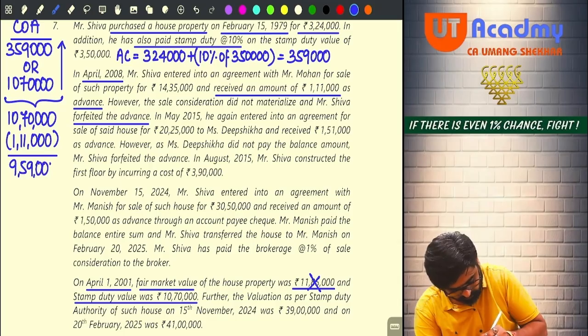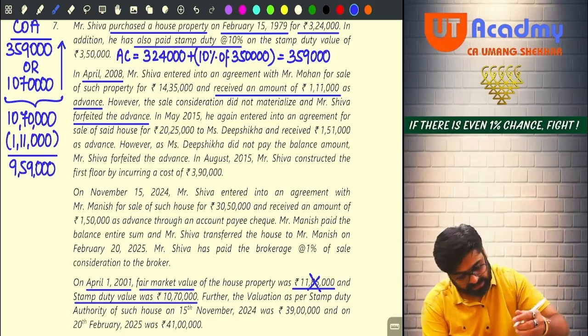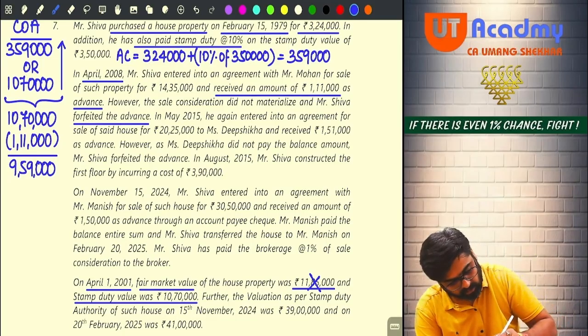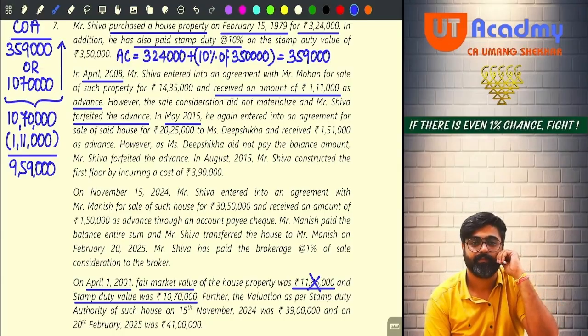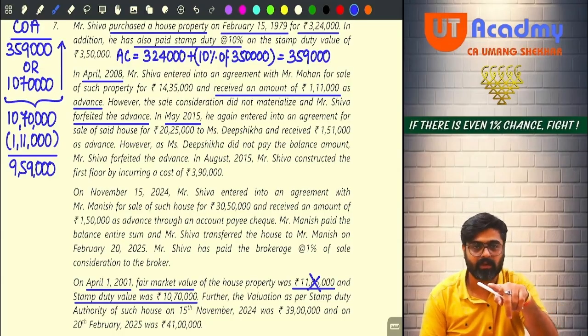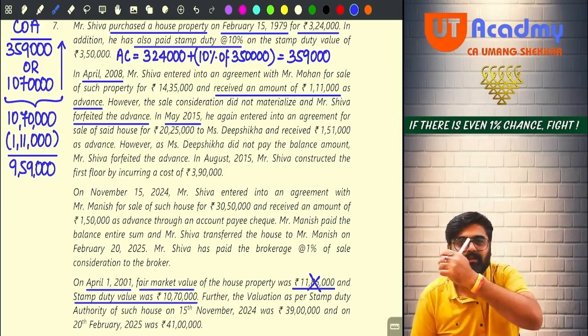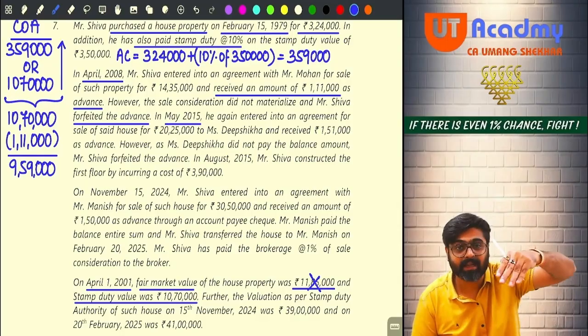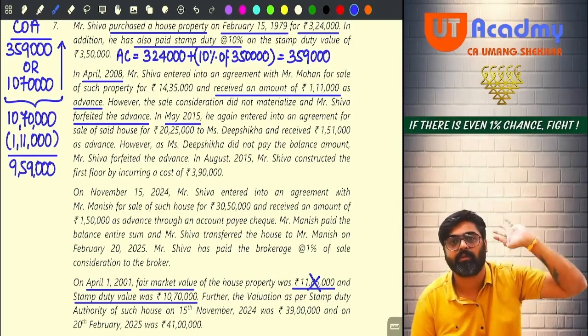Everyone, wait, one more advance he has received and forfeited. He again tried to sell the property in May 2015. May 2015 means on or after 1st April 2014. Now whatever advance he will receive and forfeit now will not be adjusted under section 51 out of the cost, because in that year only, in the year 15-16 only, it will be taxed under the head income from other sources.